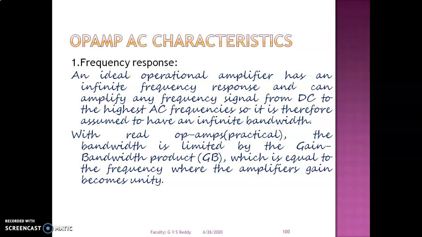So it is assumed to have an infinite bandwidth. With real operational amplifiers, in the practical case, the bandwidth is limited by the gain bandwidth product, which is equal to the frequency where the amplifier's gain becomes unity.